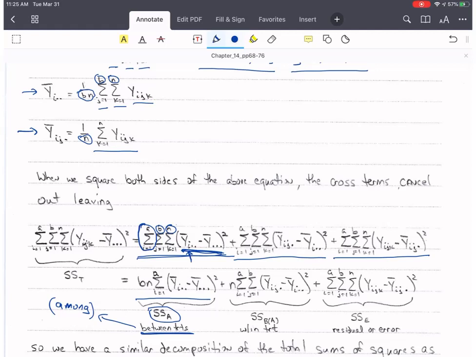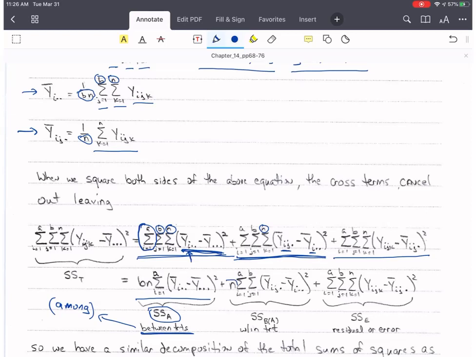And then the second term here, we don't have any k's. We have an i and we have a j here, and we have an i here. So we can't get rid of the summations for i or j, but we can get rid of the n of each over k. So there's going to be n of these that are identical for every ij combination.